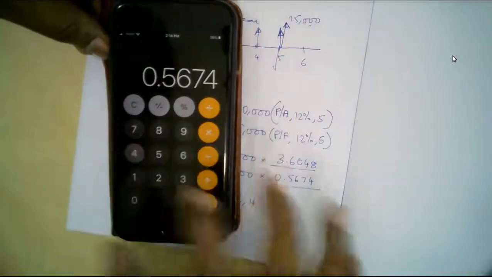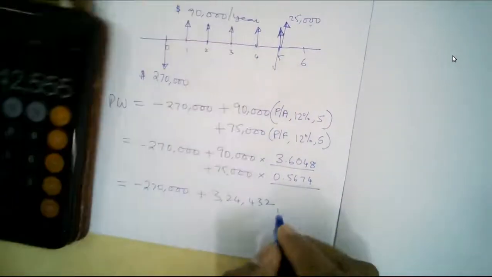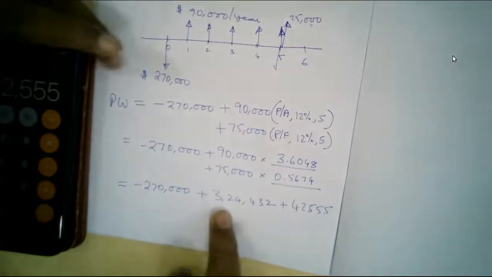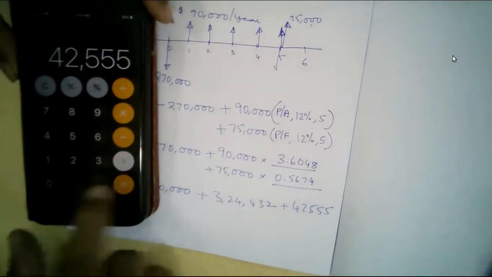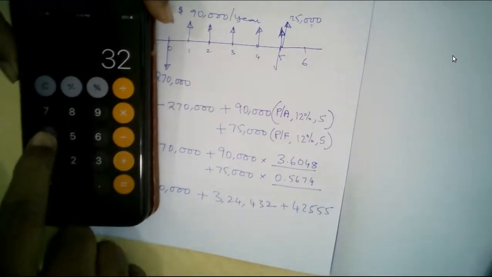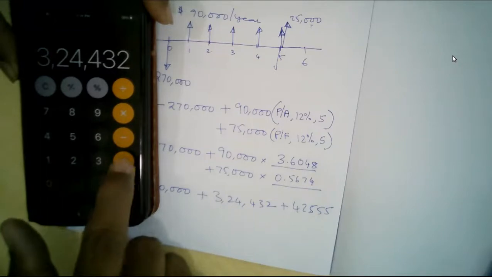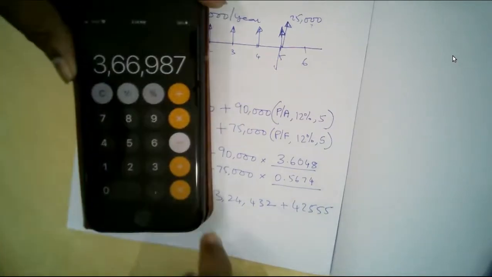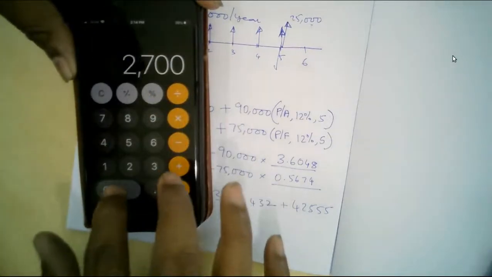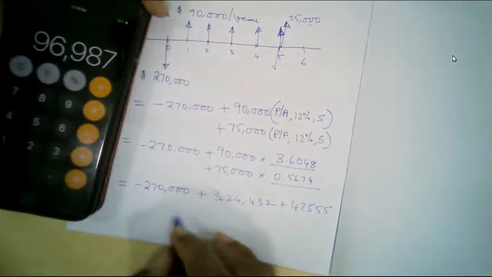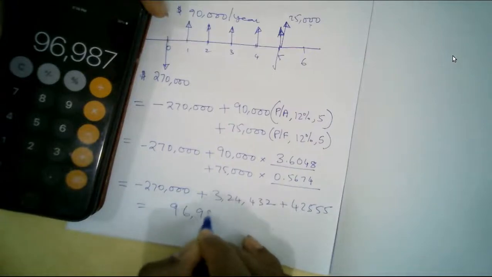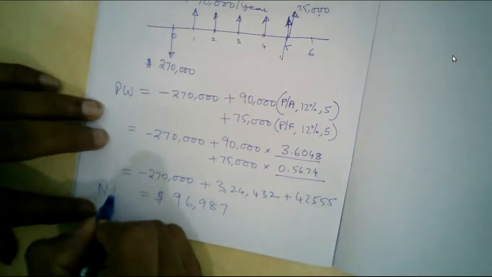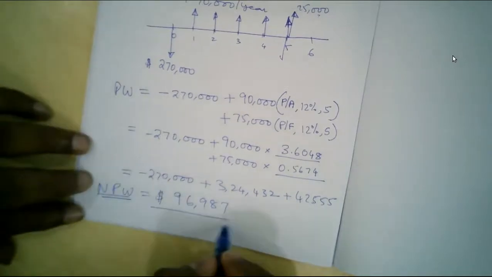Sorry, 42,555. So to this I will add this plus 324,432. So to this I will subtract 270,000. So I'm getting 96,987. So this is the net present worth, which is positive.